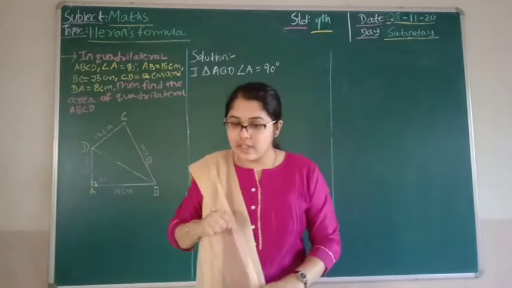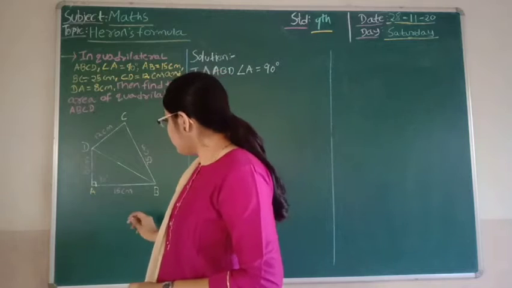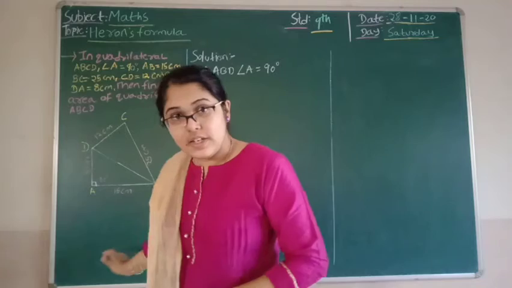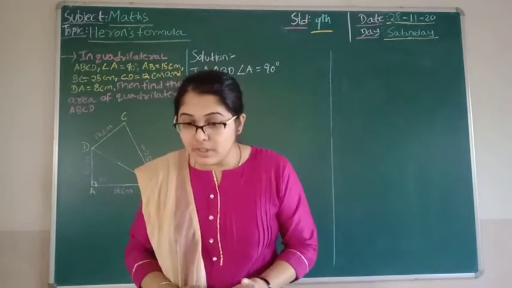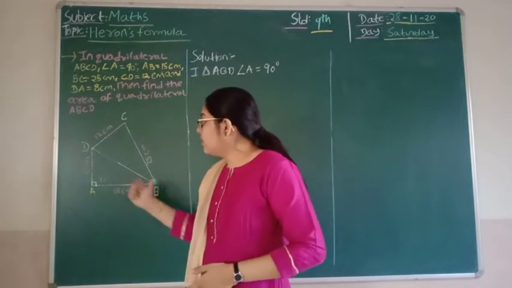Along with that we have sides also: AB, this is 15 centimeter, AD, this is 8 centimeter, and by this we are able to find BD.